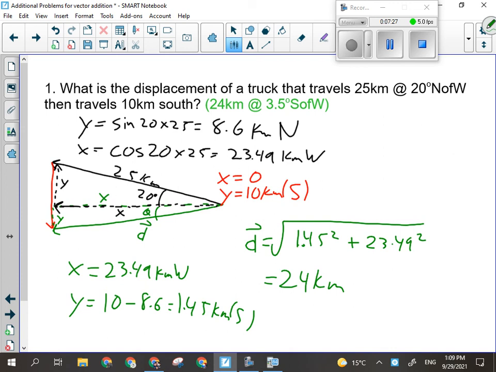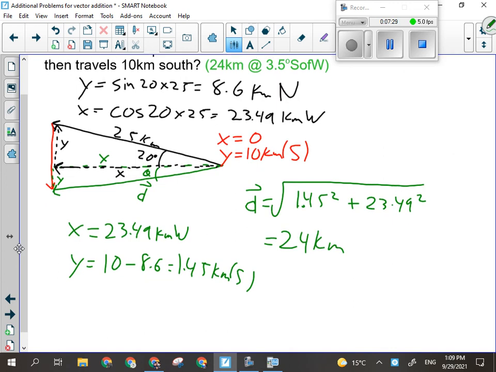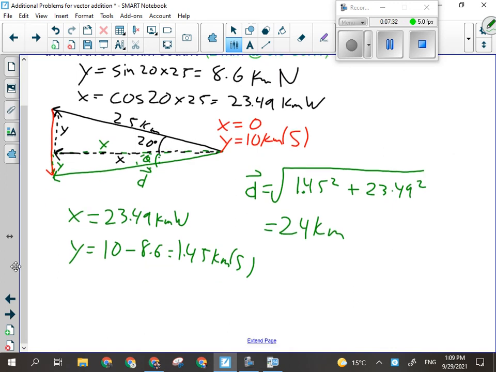All right, that's the magnitude of my displacement, but I also need to calculate what direction that's going. So theta is going to be tan to the minus 1, because I'm going to use the opposite side, y, which was 1.45, divided by the adjacent side, x, which was 23.49.